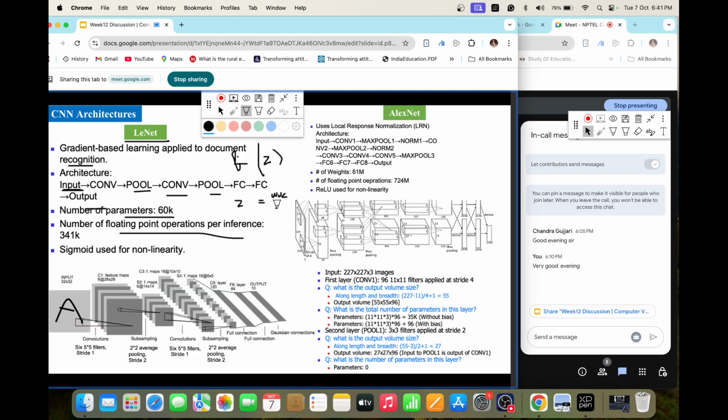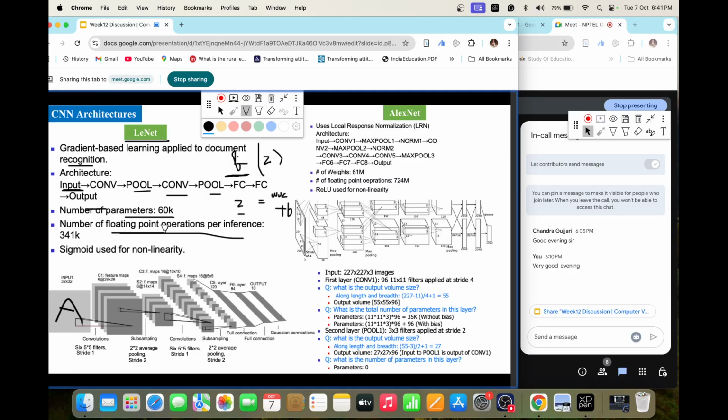So w into x plus b is your z, and f is the activation function. If I apply the activation function to this z, we get the output. That is for one neuron, and we have to do that for all the neurons.